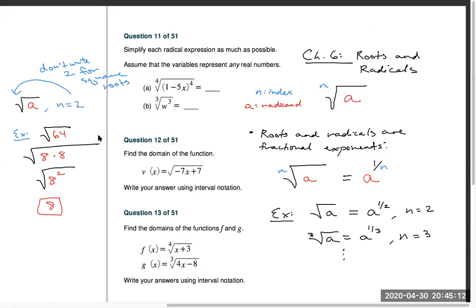So little extra example here. We have the square root of 64 again. We know that that would be 64 to the 1 over n power. And n in this case is 2.